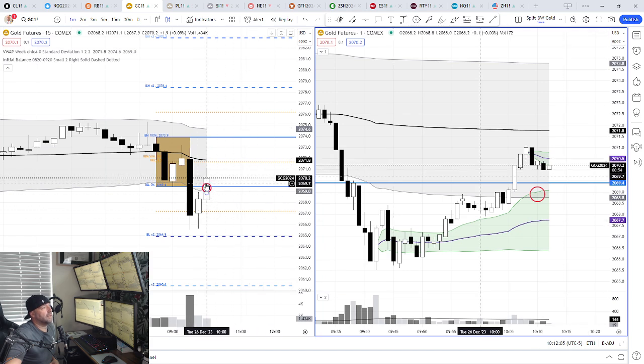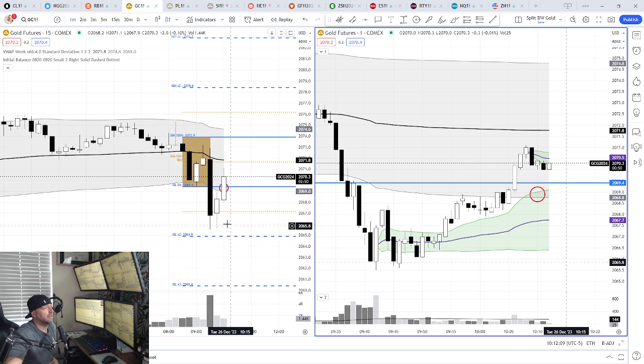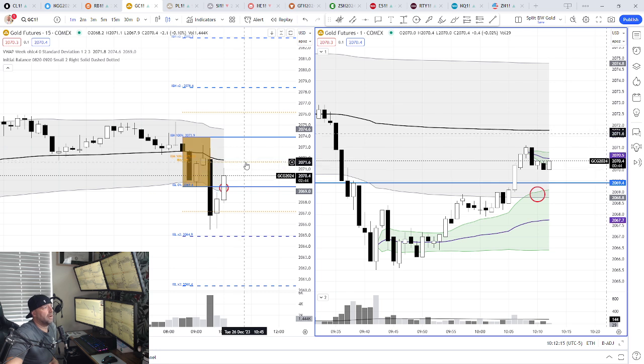Quite the wick on the 15-minute. You know, this might be a consolidation channel. VWAP and market mid.